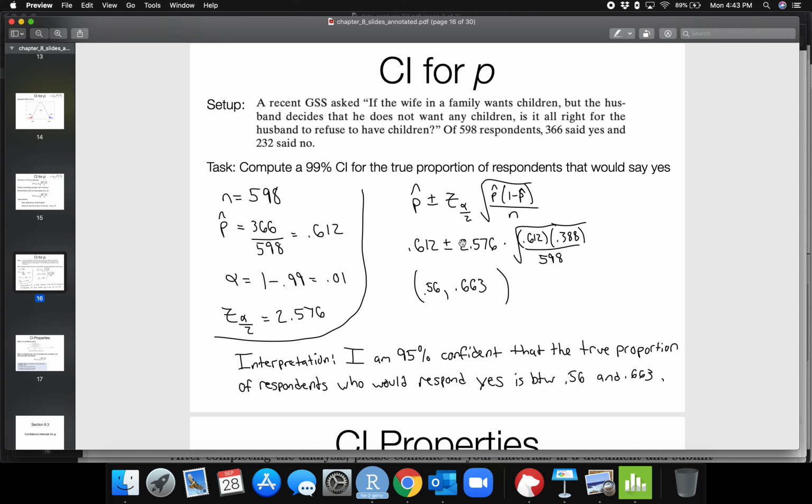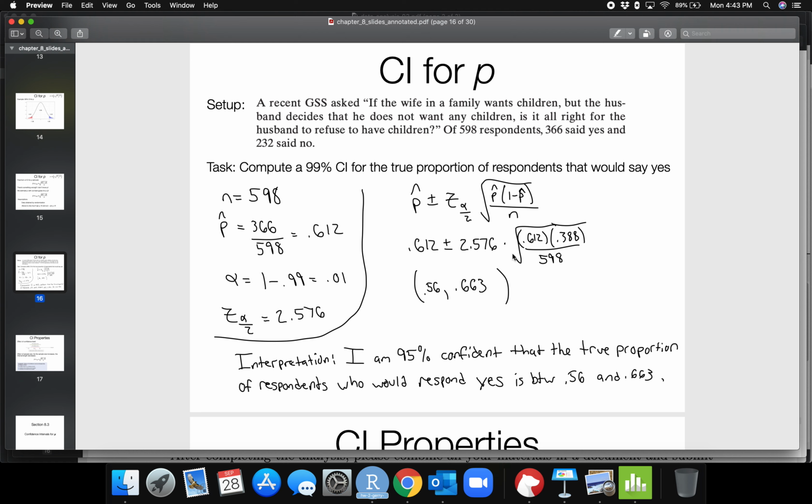After you do the arithmetic, the numbers that come out are 0.56 and 0.663. You get these two numbers with the plus and minus in the formula. So that is the confidence interval for p.